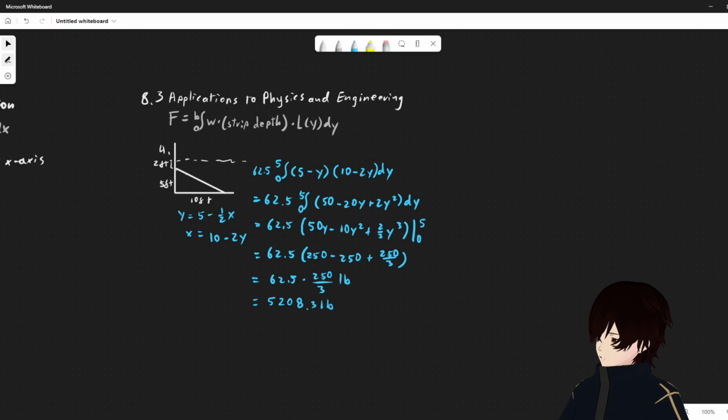Yeah, this doesn't make quite that much sense. But have I done something wrong? Have I done anything wrong? Ten minus 2y. Five minus y is the depth.